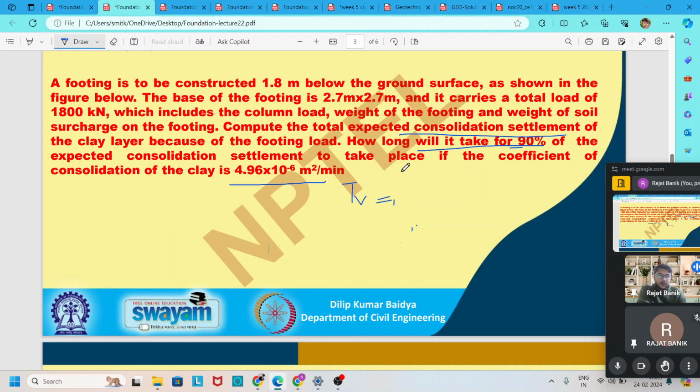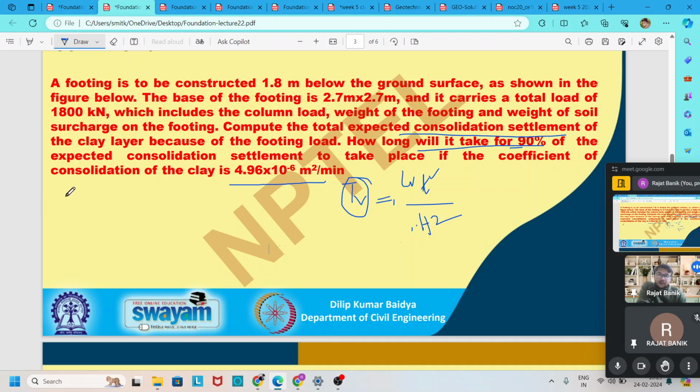Tv, which is the time factor, is equal to Cv, the coefficient of consolidation, into time divided by drainage path square. So to find out the time, first we have to find out the time factor.